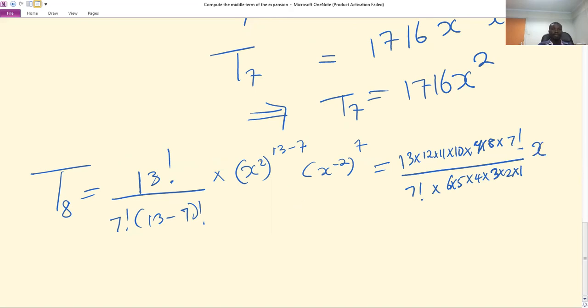So 7 times 2 is 14, 6 times minus 2 is minus 12, so the power is minus 14 plus 12.